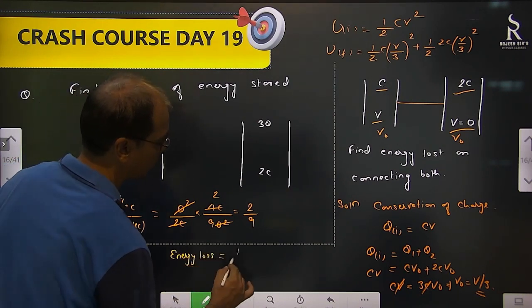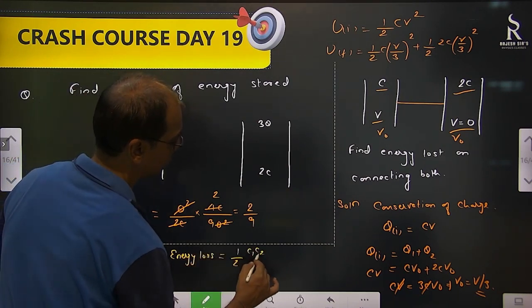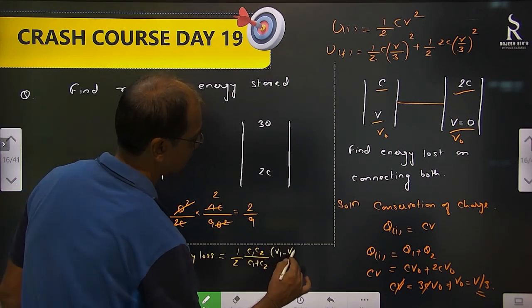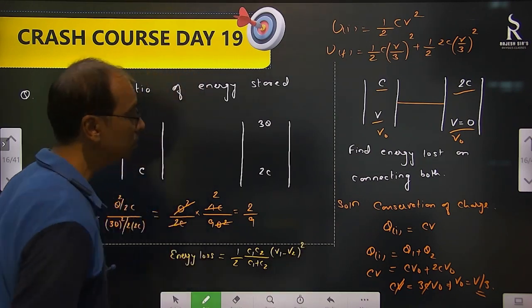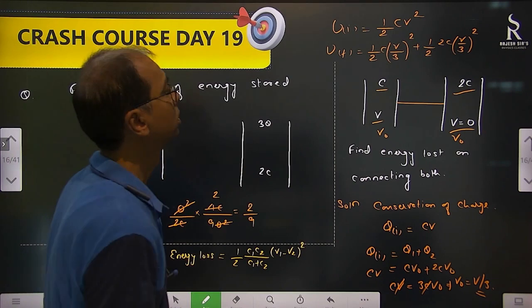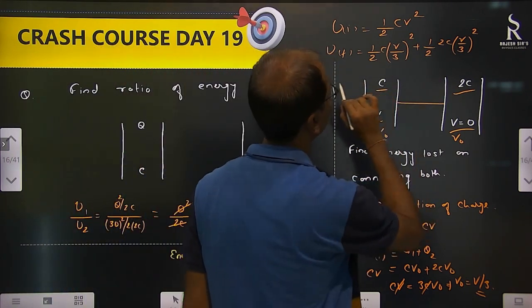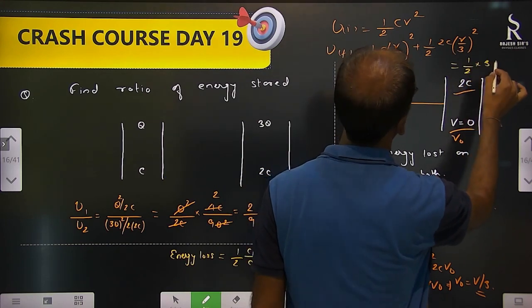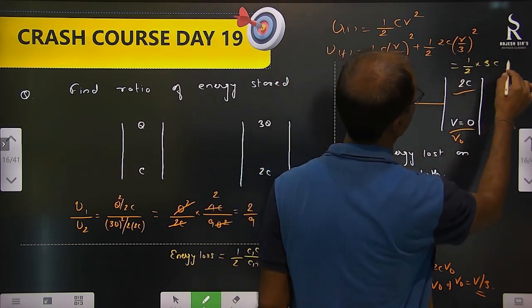The formula is 1 by 2 C1 C2 by C1 plus C2 into (V1 minus V2) whole square. So whatever we get from there, the same we'll get from here. You can check it. This is half CV square. How much is this? This is 1 by 2 into 3C, C plus 2C into V square by 9.